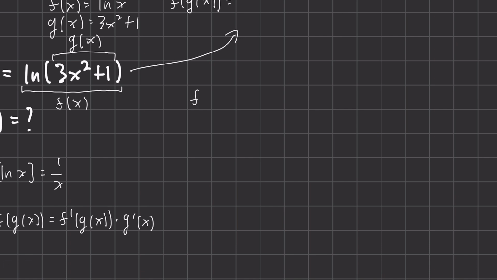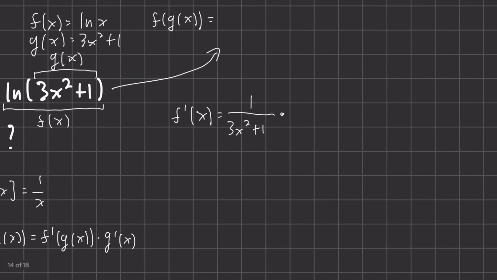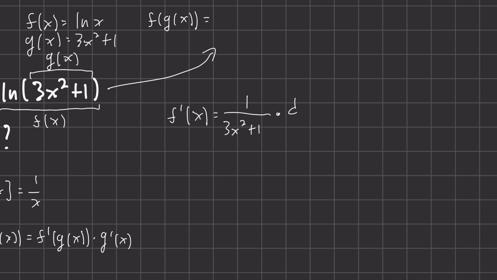So our first step in getting f prime of x is just going to be 1 over 3x squared plus 1. And then that is multiplied by g prime of x, which is the derivative of whatever's inside the ln. So it's going to be times the derivative of 3x squared plus 1. And so here I'll keep this right here, 3x squared plus 1, and it's going to be the derivative of 3x squared plus 1.